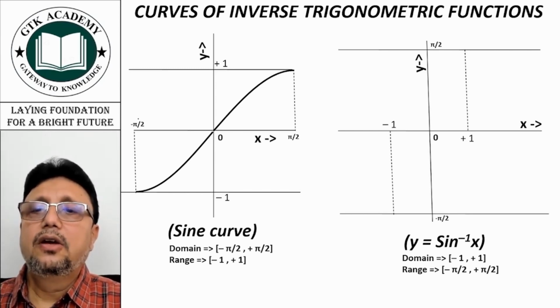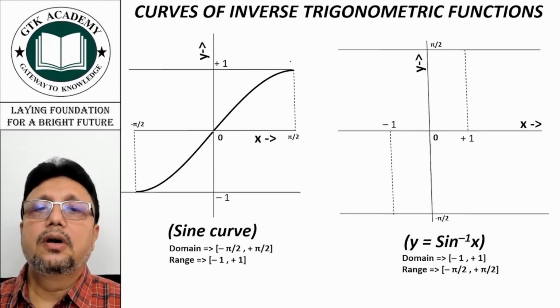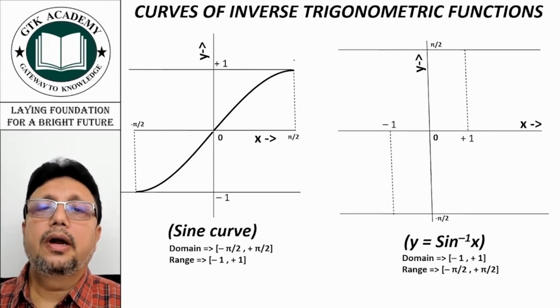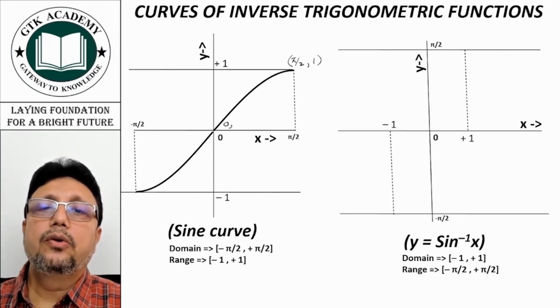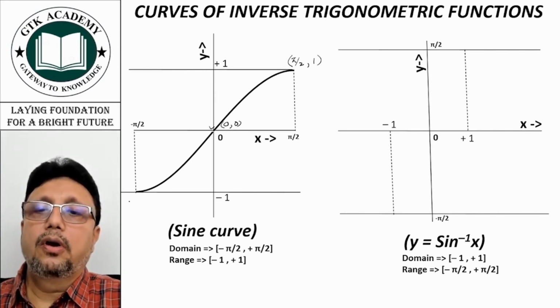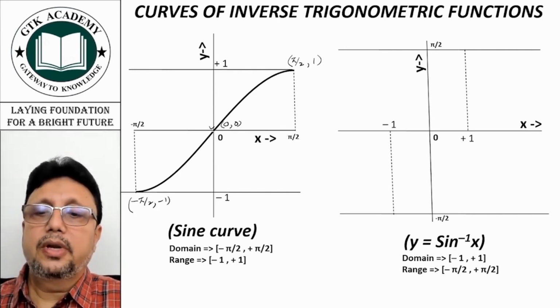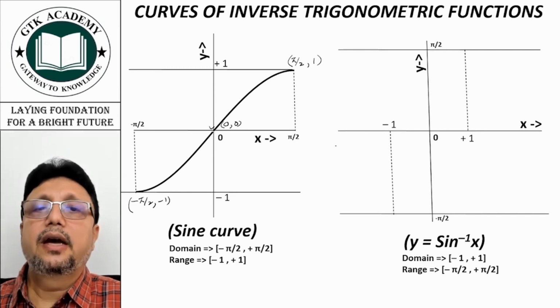Anyway, let's draw the curve. Just see here, for x as pi by 2, you have y as 1. For 0, you have 0. For minus pi by 2, you have minus 1. Now let's draw the corresponding points in the inverse.